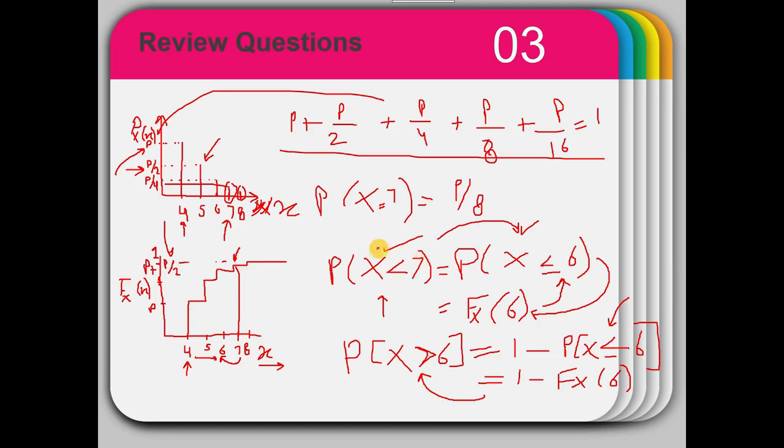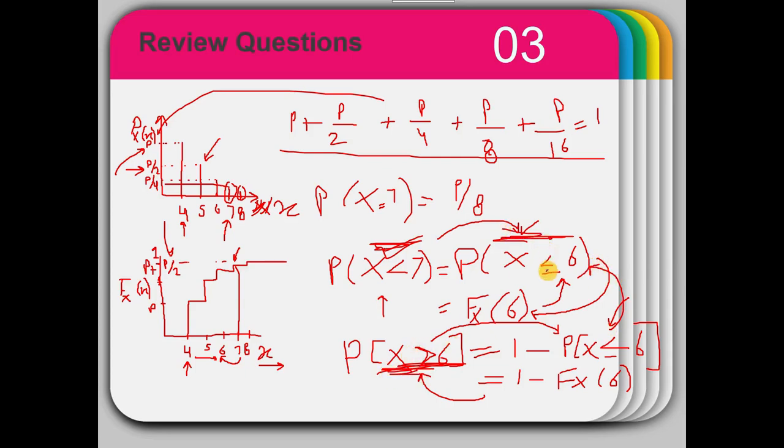So this probability and this probability are the same thing, just written in different formats. Sorry, this one is not the same thing. This can be written as this probability, which over here is the same as this one, but this is not exactly the same as this one.